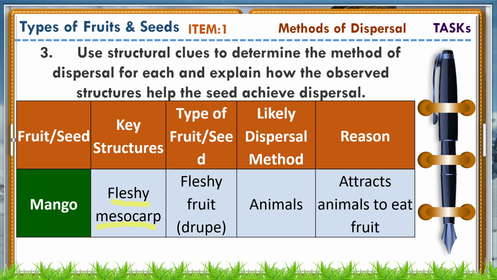And the type of fruit is a fleshy fruit, which is a drupe. The likely dispersal method is by animal, and the reason is that it attracts the animals to eat the fruit.